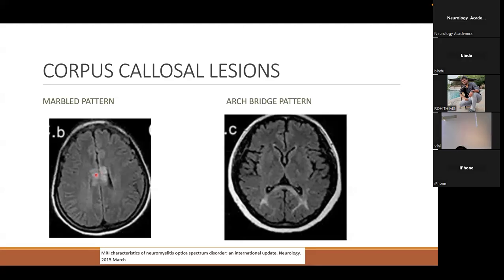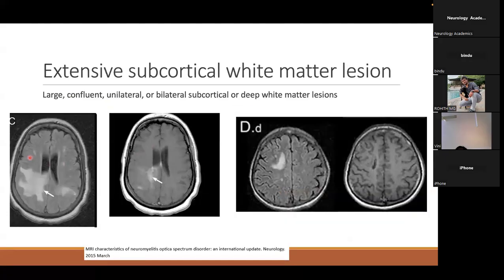This corpus callosal lesion is said to have a marbled pattern, that is, the design of a marble, or this splenial involvement extending to the bilateral periependymal subcortical region can have an arch bridge type of pattern, described in NMO. Sometimes large confluent unilateral or bilateral subcortical deep white matter lesions can be seen in NMOSD, like this, extending from the periependymal region towards the subcortex with a patchy type of enhancement.